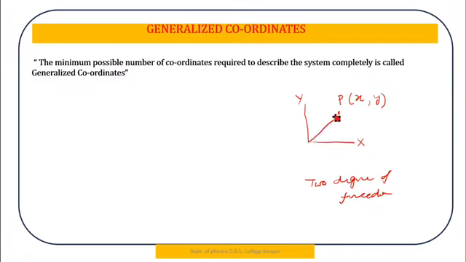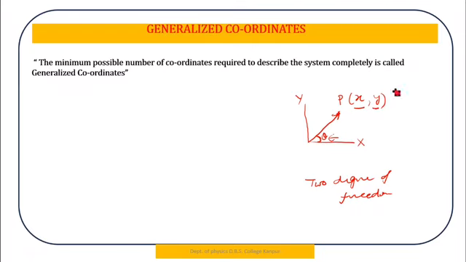It can also be described by theta. So the point P is described by either two coordinates x and y, or by the angle theta. These are the 2 degrees, and theta is a single degree.